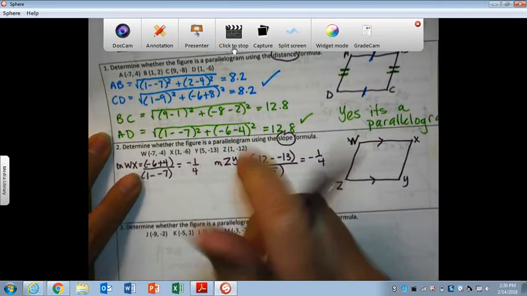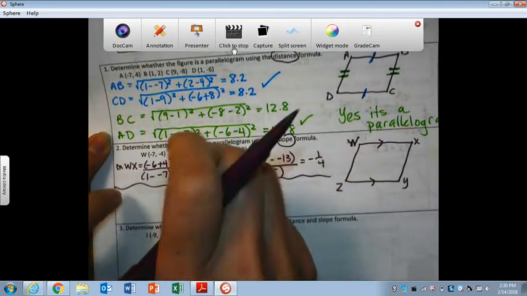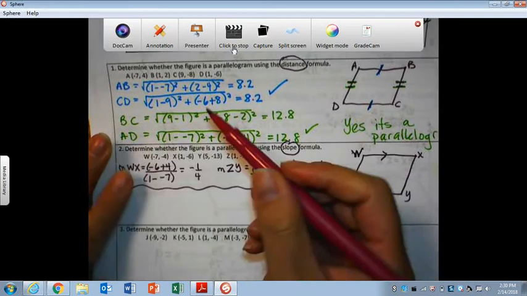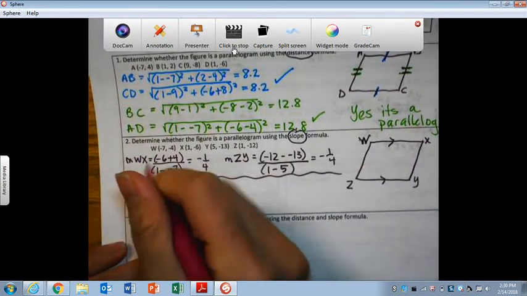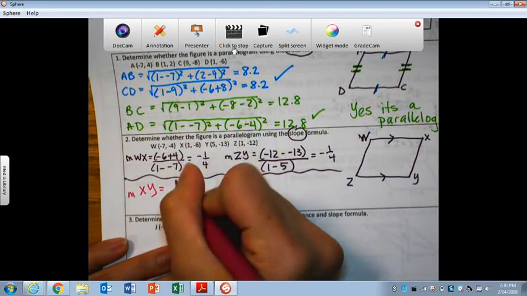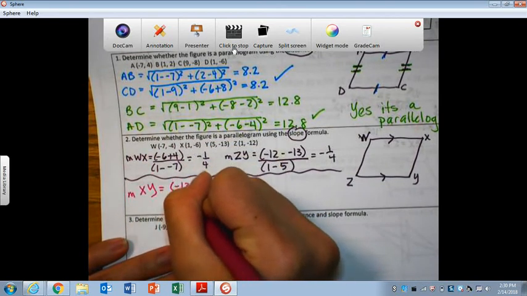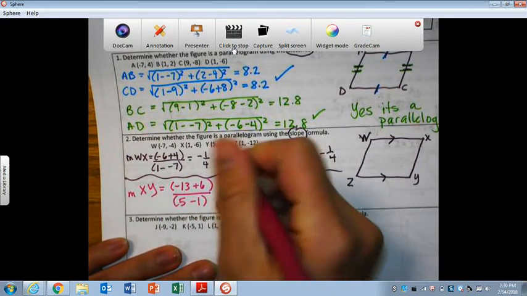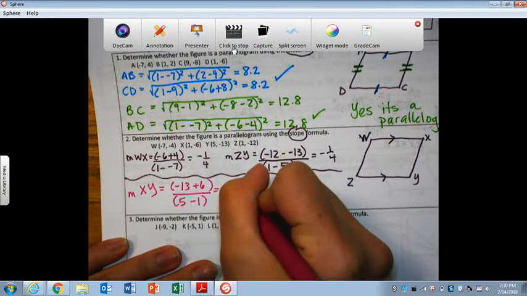Okay, so now let's compare the other side. The slope of XY equal to negative 13 plus 6 over 5 minus 1. Okay, so that is going to be negative 7 over 4.